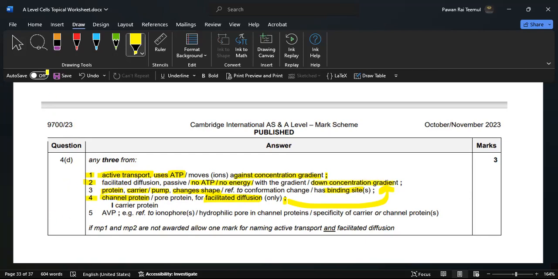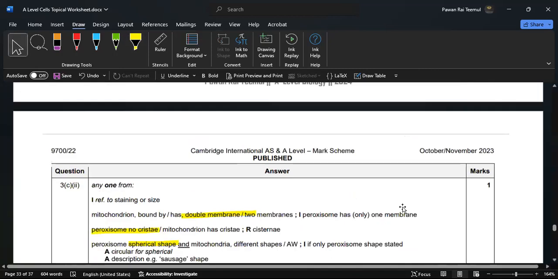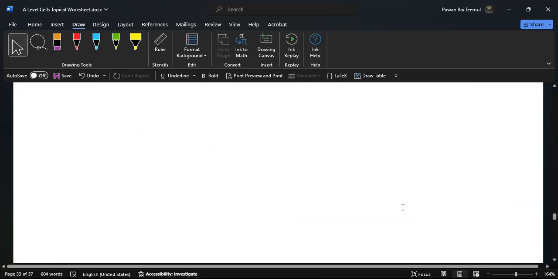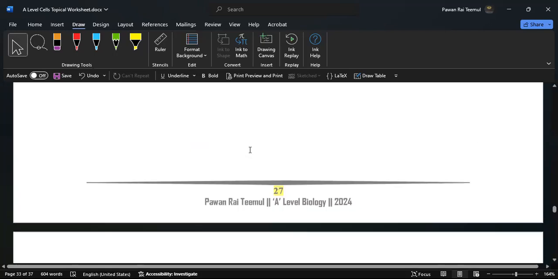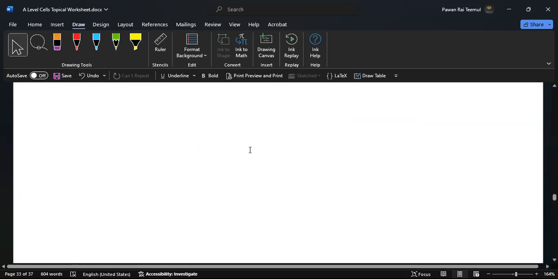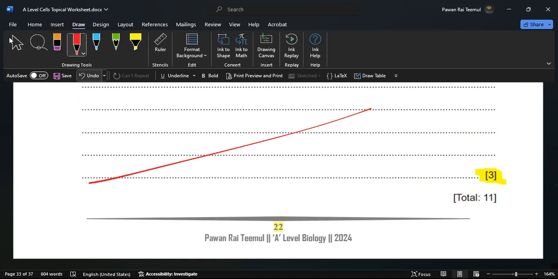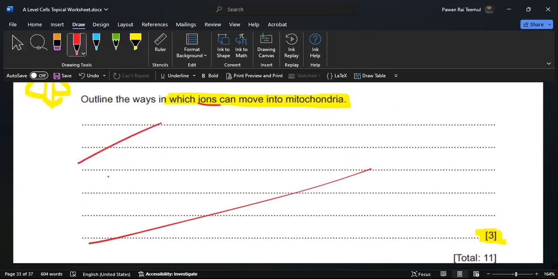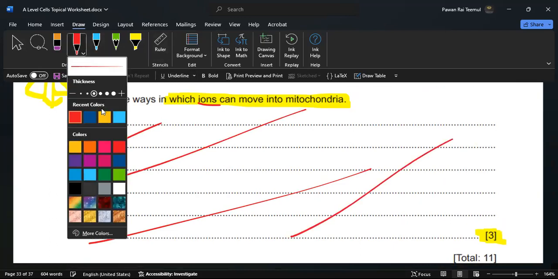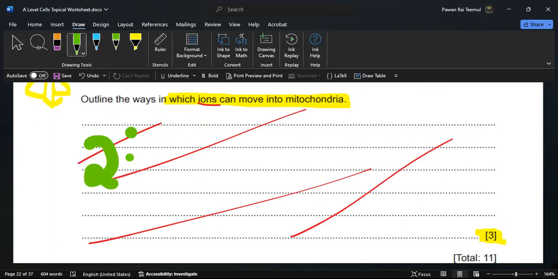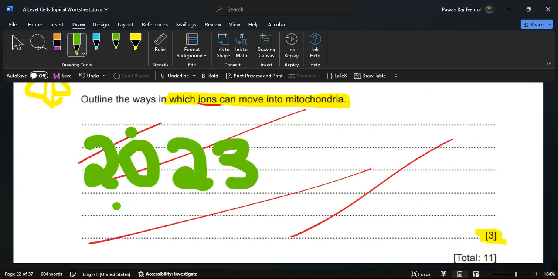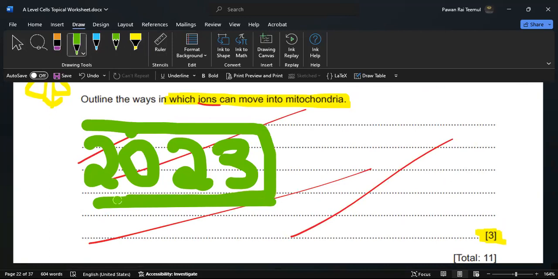Okay, now we are done with quite a few of the questions. Till date, what we've done are questions ranging between the year 2023 and 2020. All questions based on cells from 2023 have been covered, and I think I've gone till 2022.